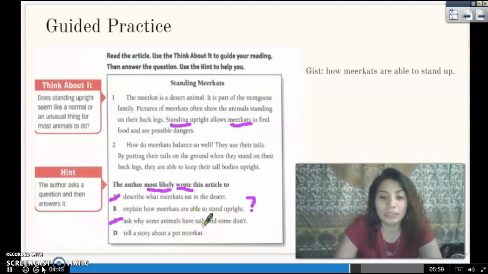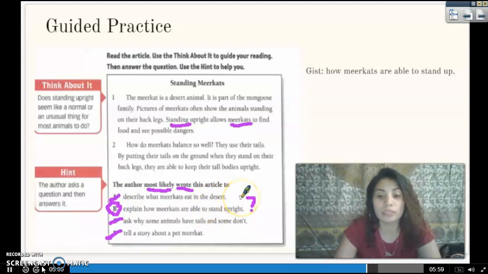I don't think D is the answer because it's not saying that the meerkat is a pet. It was just talking about how the meerkat stands up. So D is not my answer. The best answer is B. Explain how meerkats are able to stand upright, and that is the author's purpose.